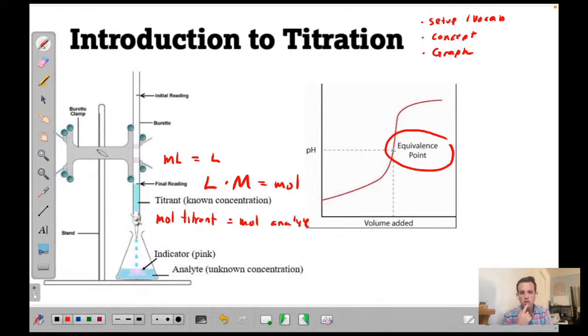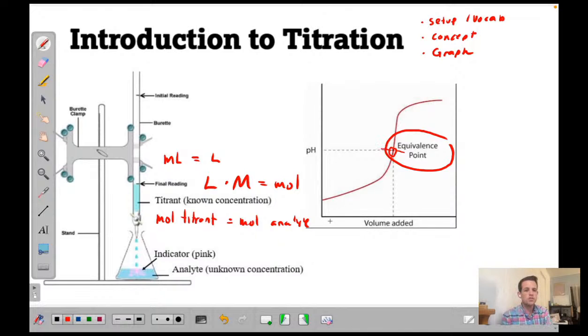Typically, you kind of know where the equivalence point is going to be beforehand. We'll get more into that when we get to advanced titrations in the acid and base unit, but you have an indicator that lets you know when the pH has been hit. As this process is happening in an acid-base reaction, at the equivalence point, your pH is going to change pretty rapidly as it goes through that point, because the dominant species in that solution is changing.